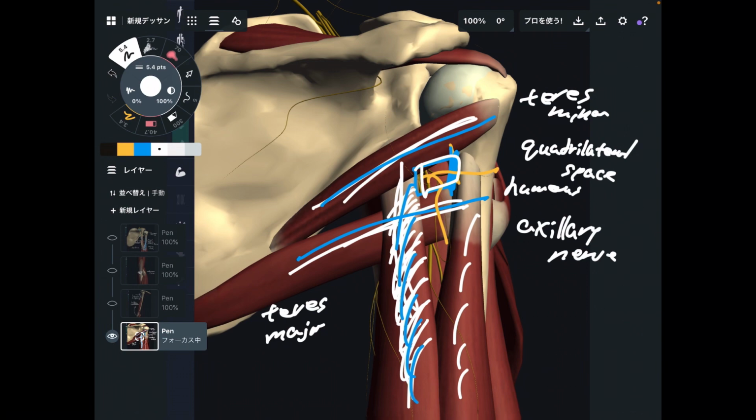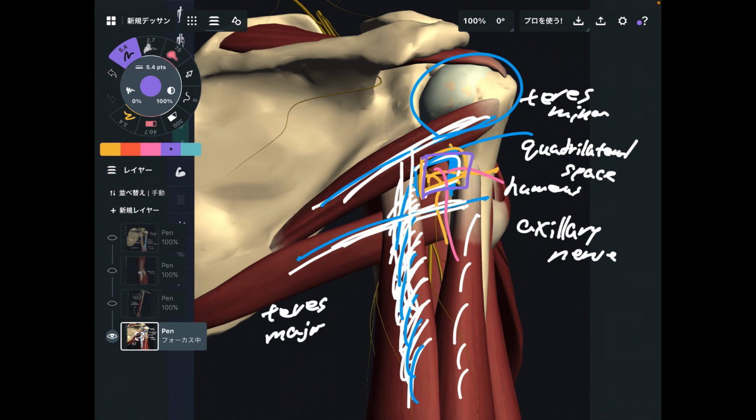Now, what if these muscles get tight, or somebody has a humerus neck fracture or shoulder dislocation? This injury can aggravate the quadrilateral space. If the quadrilateral space is aggravated, that can aggravate the axillary nerve. As a result, shoulder dysfunction can be triggered. That is why this part is very important. The quadrilateral space is a very tiny space, however, a very important space.